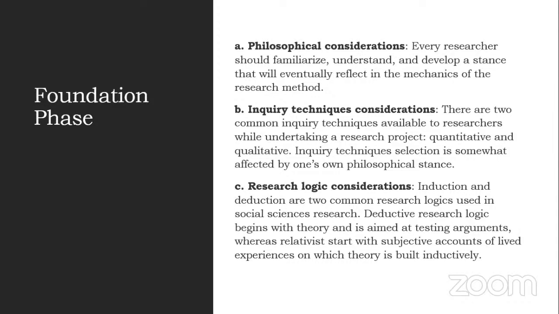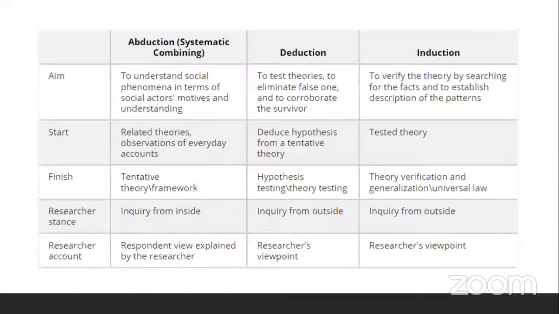A third type of research logic is also there, which we call abduction. This is a comparative table that I have provided for deduction, induction, and abduction. Abduction is also referred to as systematic combining.